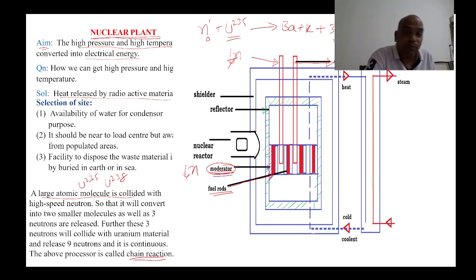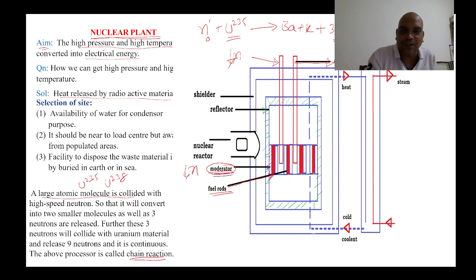But what is the difference between moderator and control rod? Moderator only reduces the speed of the neutron, but control rod, along with reduction of speed of the neutron, will also absorb the neutron. Moderator reduces the speed only, but it will not absorb the neutron. That is the difference between moderator and control rod.